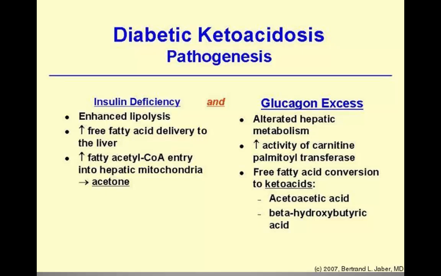If serum potassium is not monitored and replaced as needed, life-threatening hypokalemia may develop and the patient can go into cardiac arrest. So this is basically the explanation. There are high glucose levels in plasma, but there's no insulin to bring that glucose inside the cell. So therefore you start breaking down lipids through lipolysis. You start breaking down all the free fatty acids.